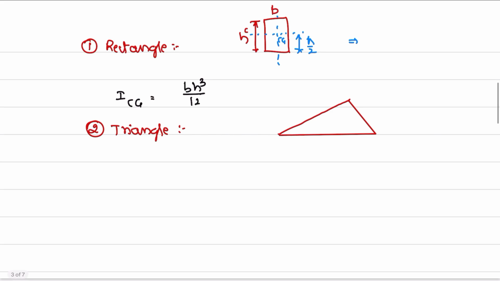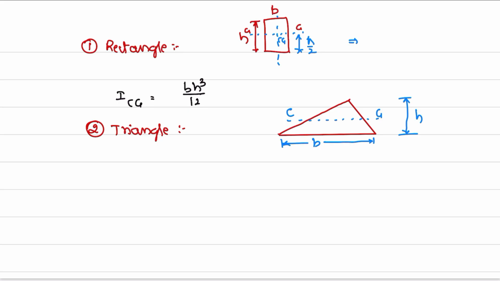This is the axis of CG, and about the center of gravity, this is the height h, and this is the breadth, the base of the triangle.